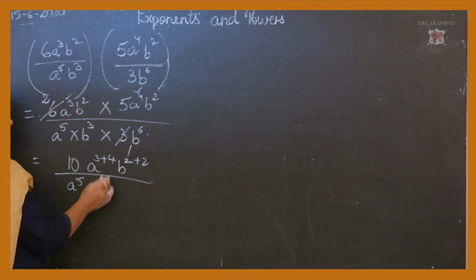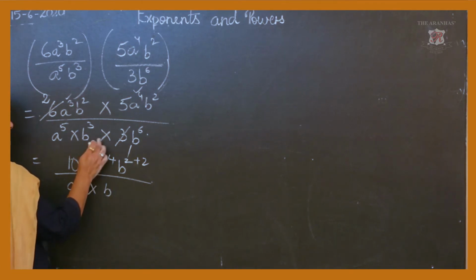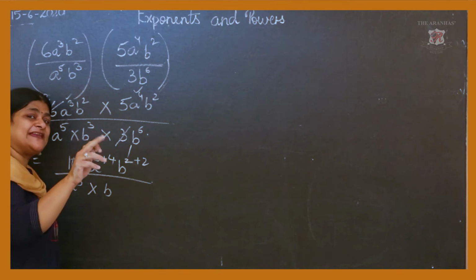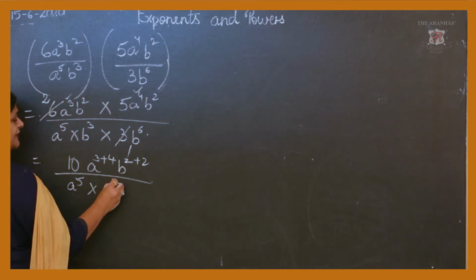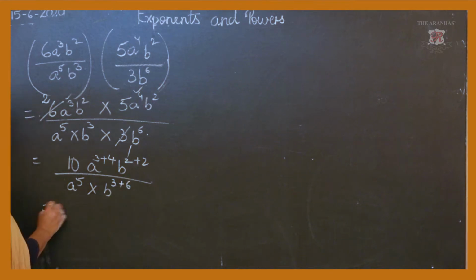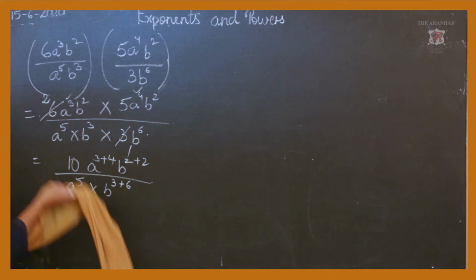Now b will be your base, so multiplication means a raised to m into a raised to n is equal to a raised to m plus n, that is equal to b to the power of 3 plus 6. Now you try to evaluate it, or you can simplify it.